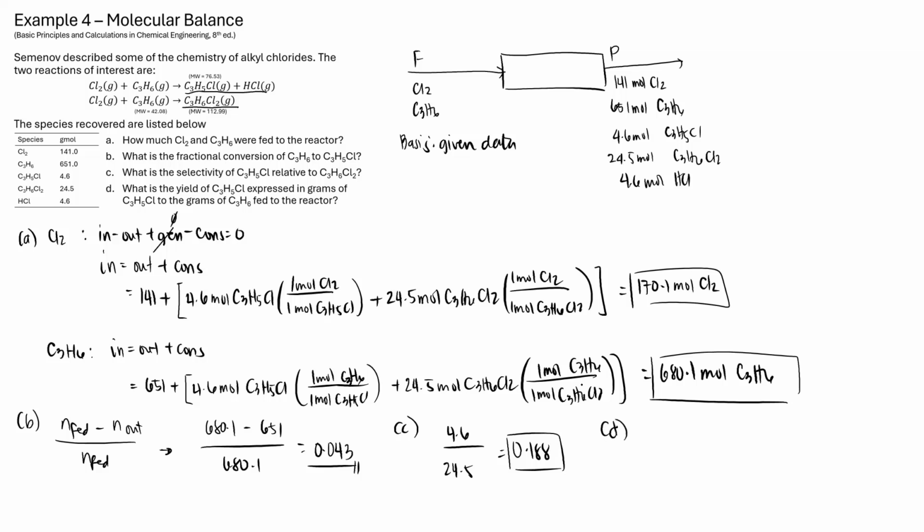Last one. Yield of C3H5Cl expressed in grams of C3H5Cl to the grams of C3H6 fed to the reactor. Let's just follow that. 4.6 moles C3H5Cl, that's 1 mole equivalent to 76.53. Then this is divided by, where's C3H6? 680.1.